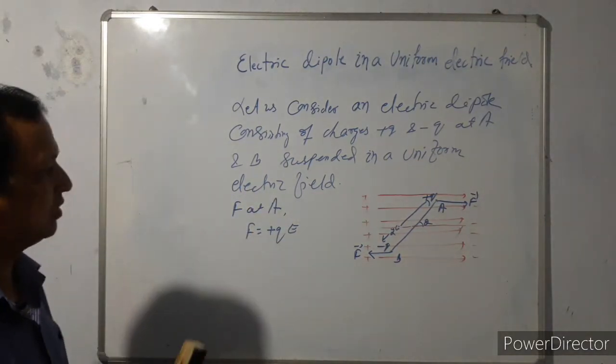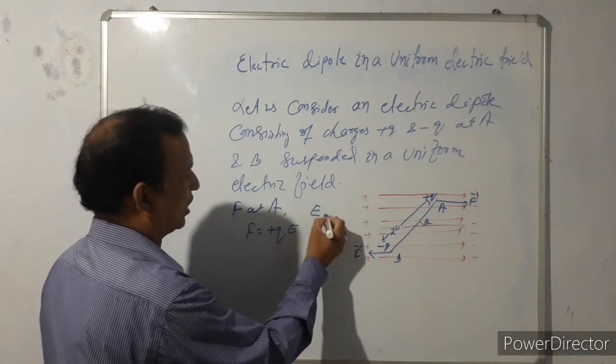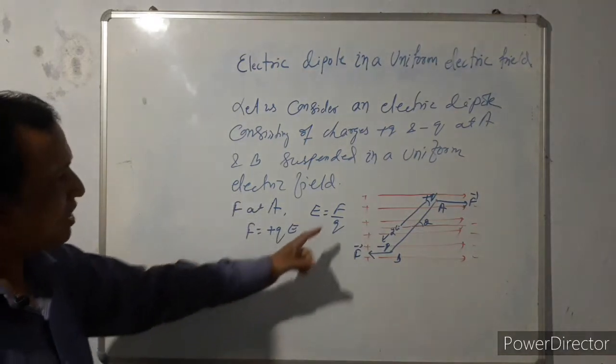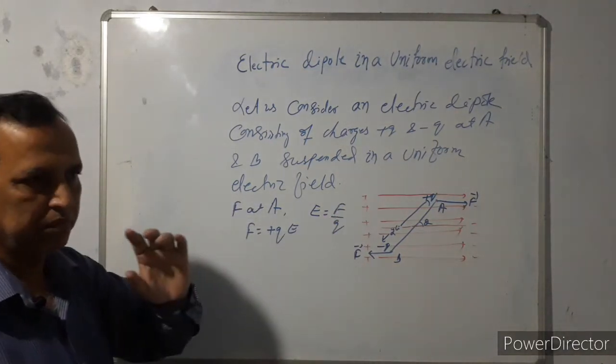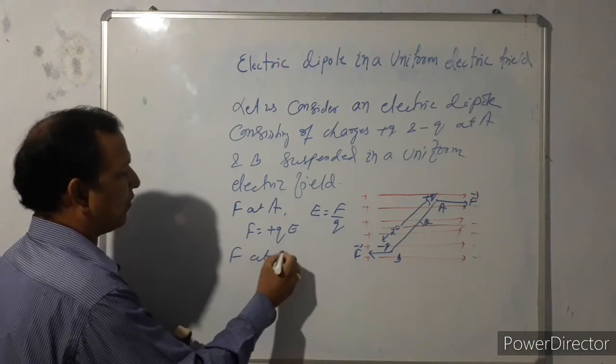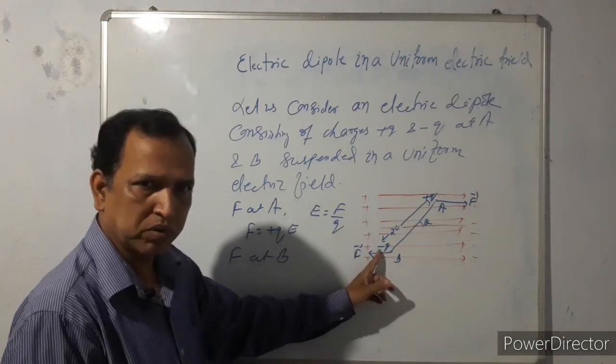Why plus qE? E is the intensity, E is equal to F by q, so F is equal to qE. This force at B, B means the minus q, is equal to minus qE.